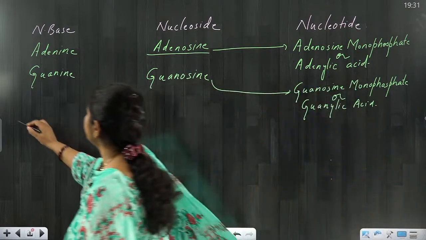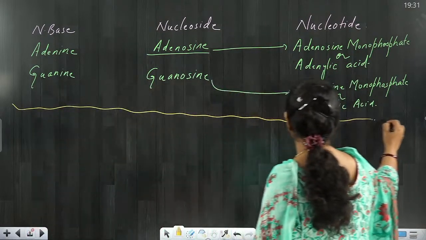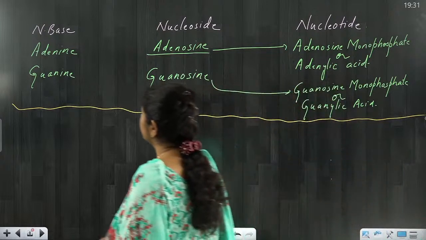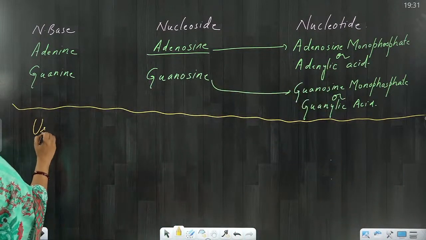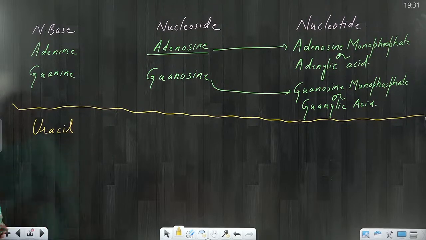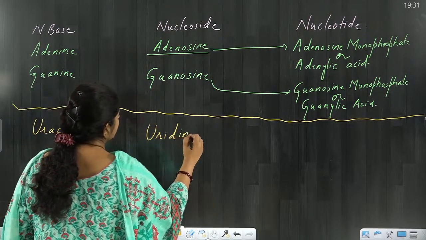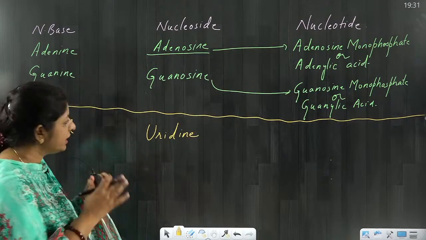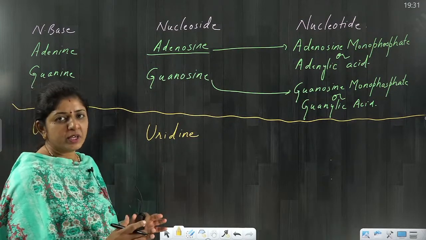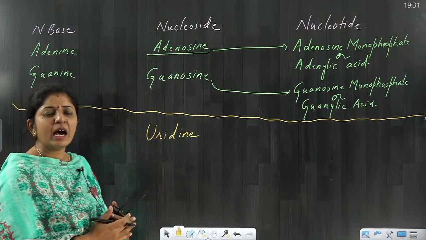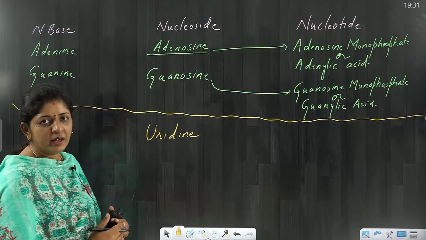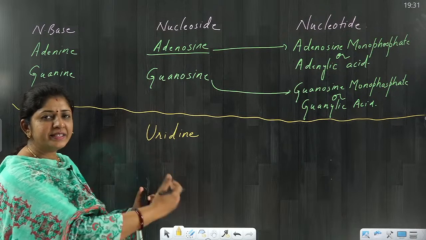Let's see for pyrimidine now. If I am taking the pyrimidine bases, first I am taking uracil. Here the nucleoside will be uridine. Keep in your mind, in uridine you need not write deoxy because it is understood it is only in RNA, not in DNA. Same for thymine and its thymidine.